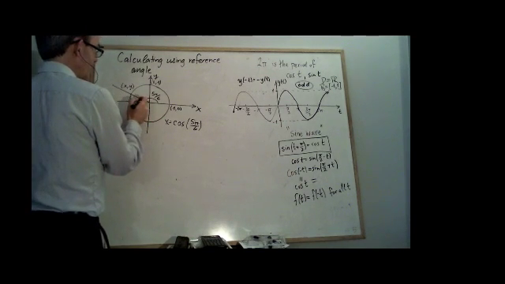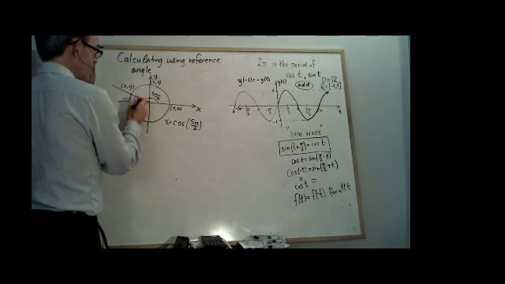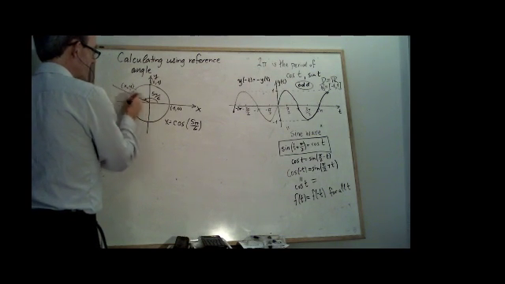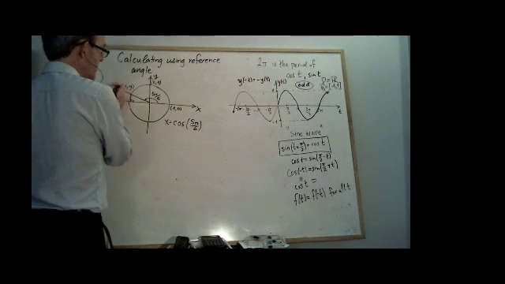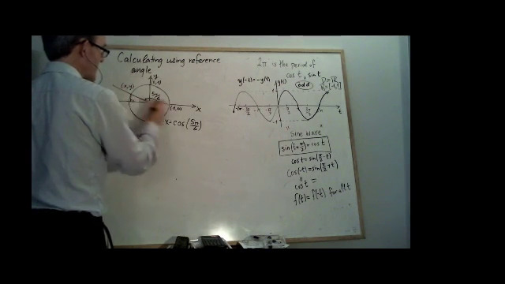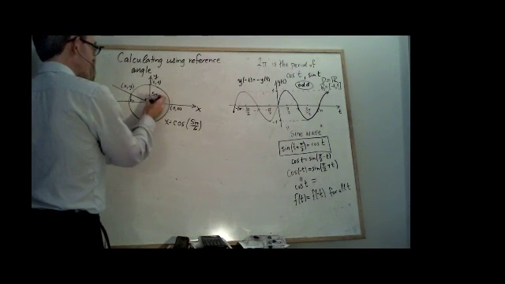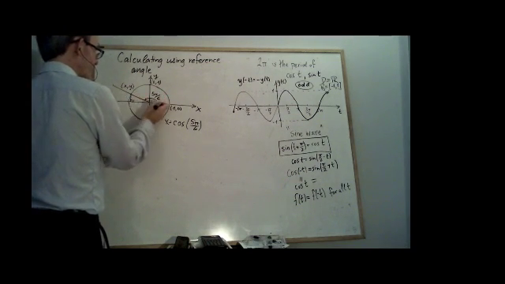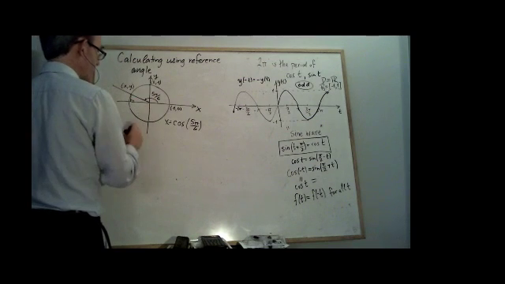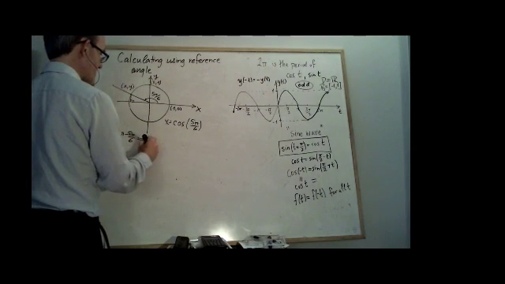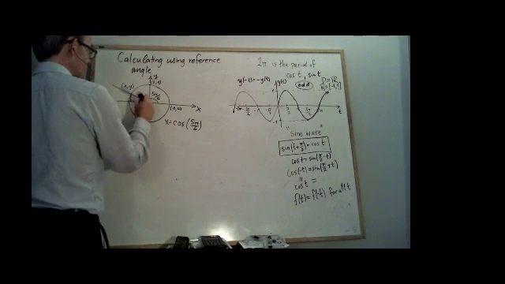It's the smallest positive acute angle which the terminal line makes with the horizontal x-axis. So we see that it is pi minus 5 pi over 6, which is simply pi over 6. So that's the reference angle.